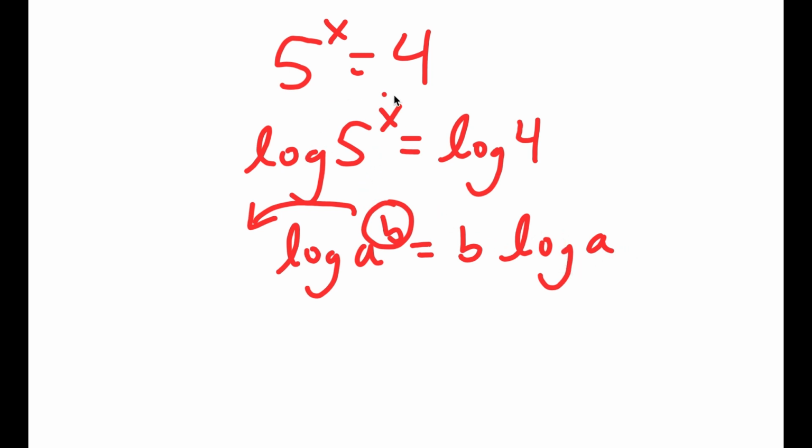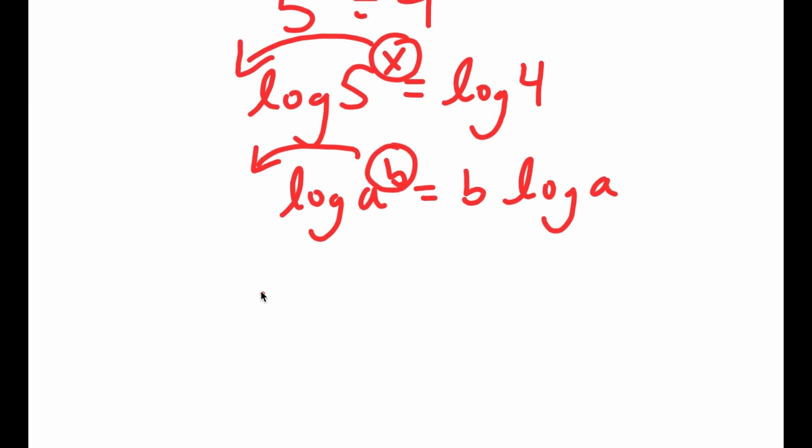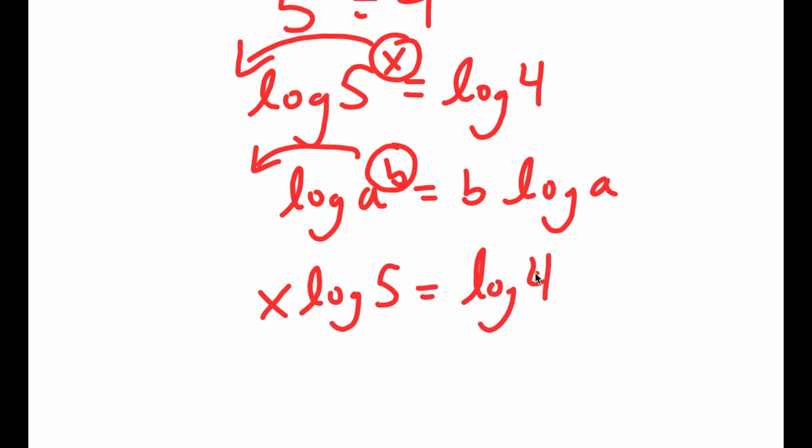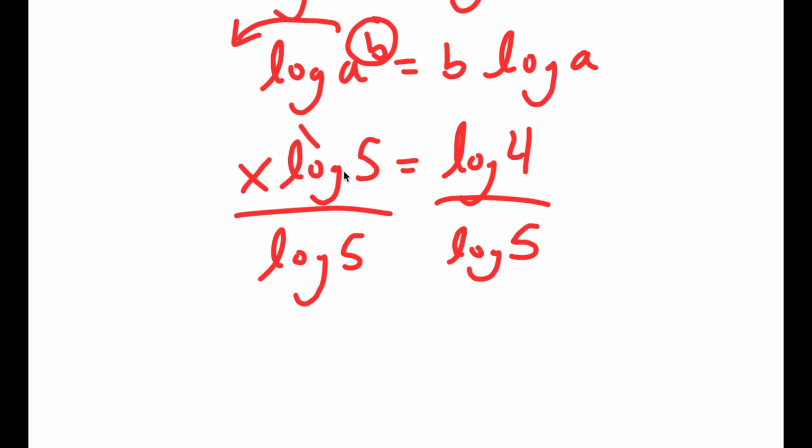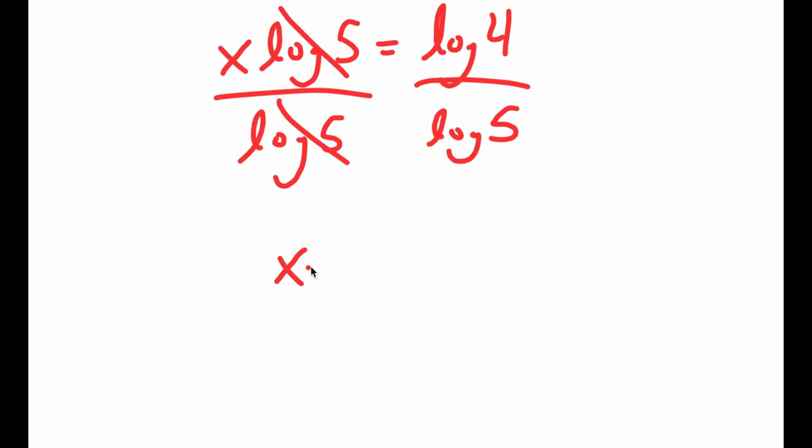So in this case, I have log 5 to the power of x, and I can move x to the front. So I get x times log 5 is equal to log 4. Now if I divide both sides by log 5, these two cancel out, and I get x is equal to log 4 over log 5.